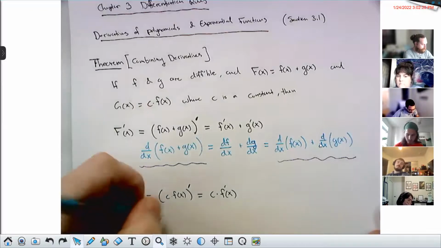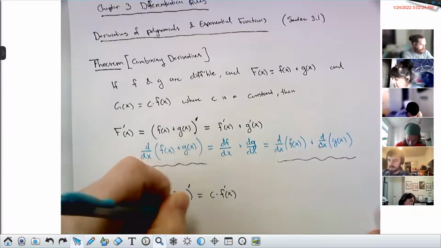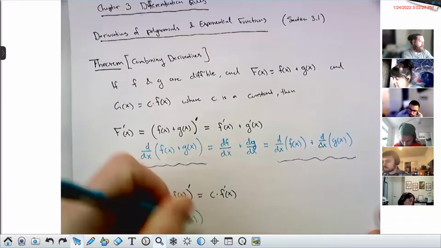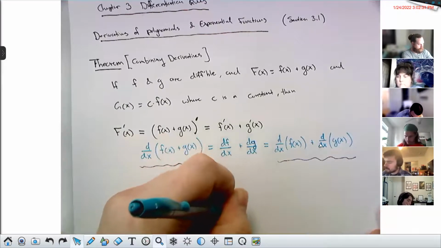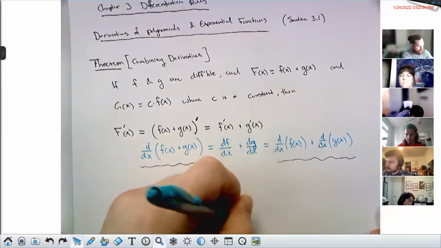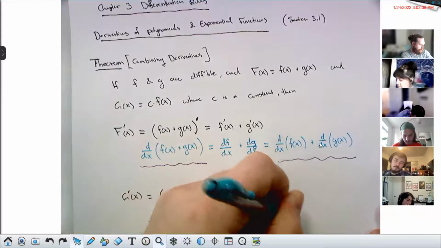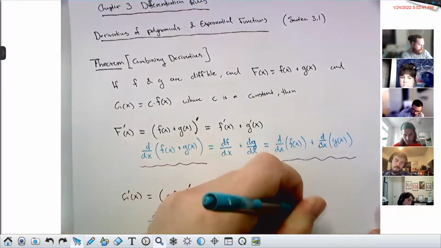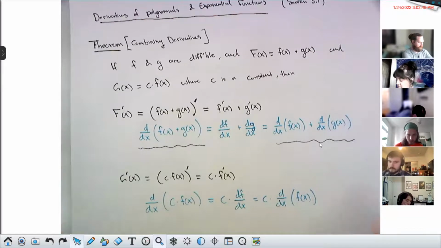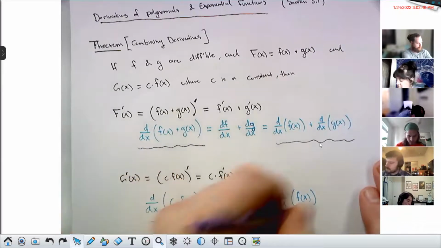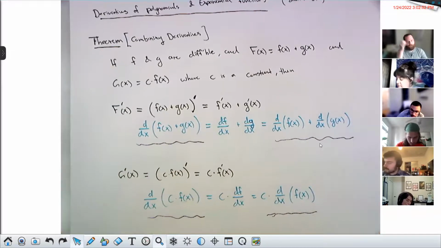The bottom one would be written as d dx of c times little f of x equals c times df dx, or I'll write it like that for consistency, c times d dx of f of x. And again, I think it is nicest in the operator notation when you think about just these outer things being equal.